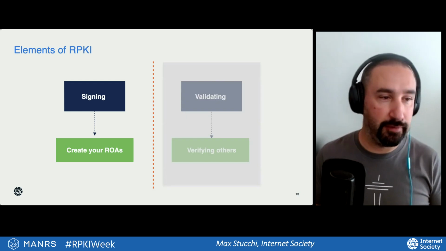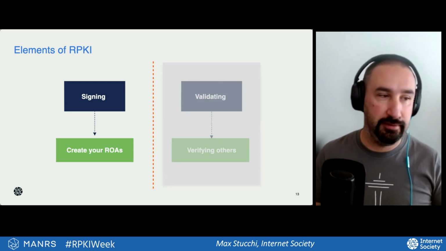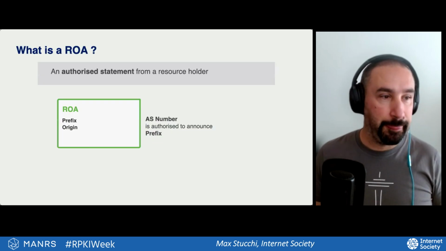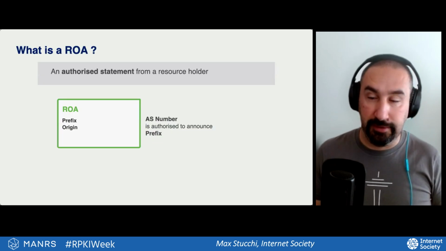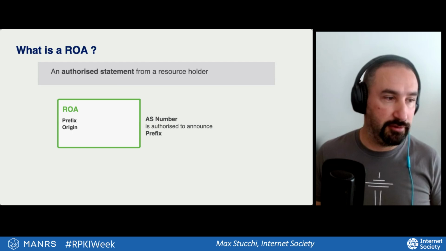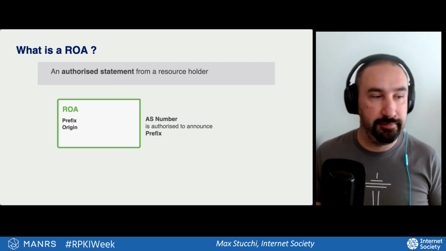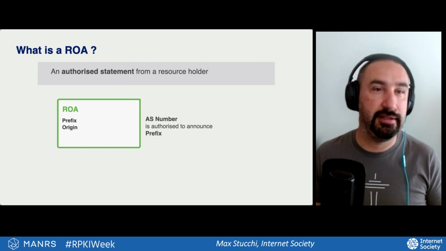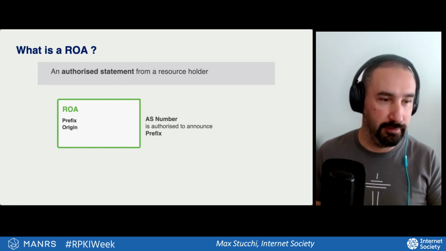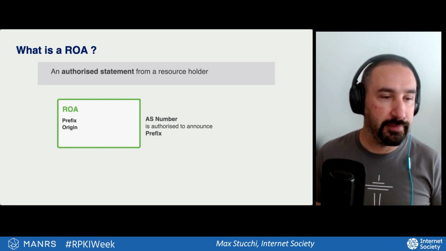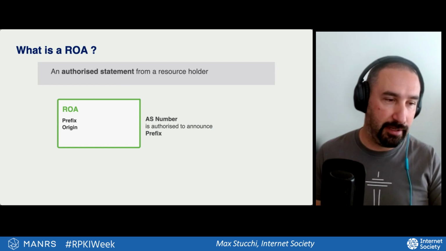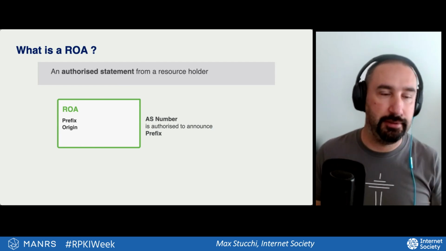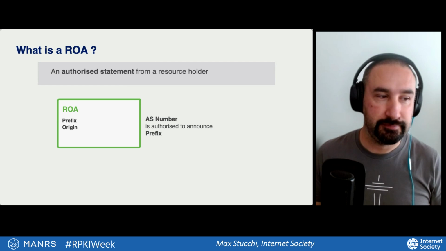So for now, we are focusing on the left side, on the signature, and we're talking about ROAs. So a ROA is a statement, a file that contains a prefix, an origin, and then there is an additional piece of information. Wait a moment. So this ROA for now is telling us this AS number is authorized to announce this prefix.